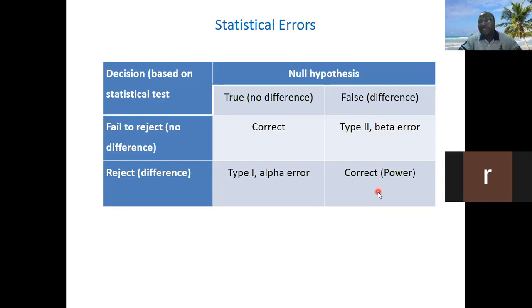They are complementary. So if you increase the beta, you will reduce the power. Somehow also, alpha and beta, if you try to reduce type 1 error, type 2 error will increase. But the relationship between beta error and power is that they add up to 1.